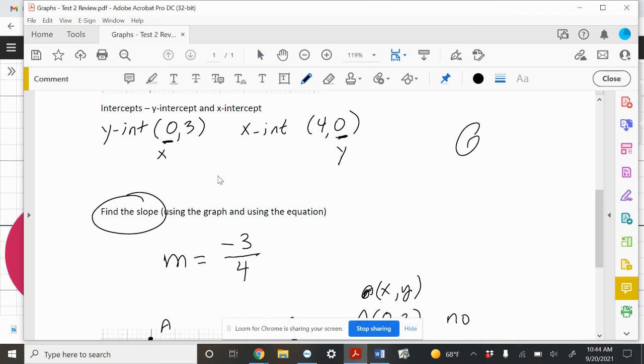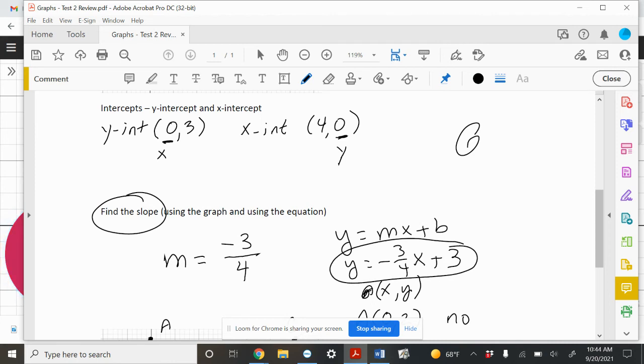And now that I know my y-intercept and my slope, I can write out the equation, because the equation is y equals mx plus b. So y equals my slope times x plus my b value, which is 3. There would be my equation.